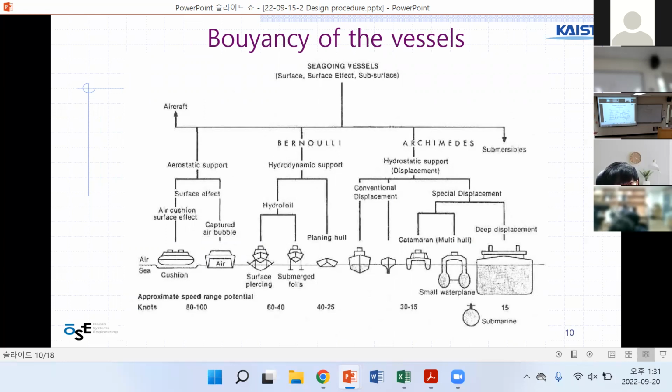Typical ships, normal ships, traditional ships. And Bernoulli, not Archimedes, is hydrodynamic, not hydrostatic. The foil, and two different hydrofoils. And then aerostatic support, air cushion vehicle, and speed range. Speed range up to 100 knots. So it is all different types of ship.